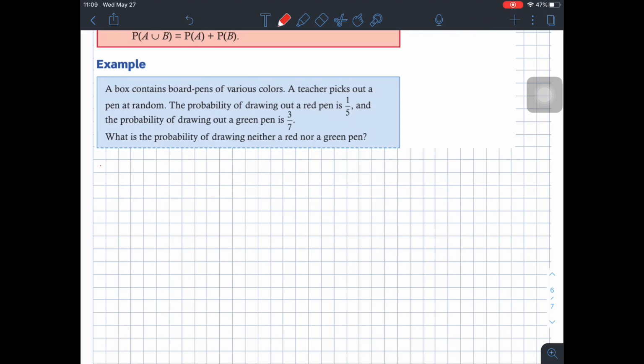So the probability of a red pen is 1/5, and the probability of a green pen would be 3/7.